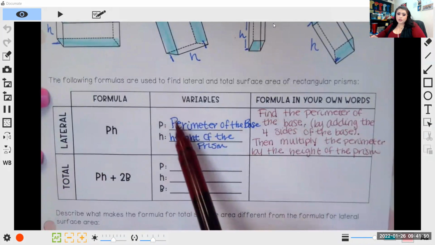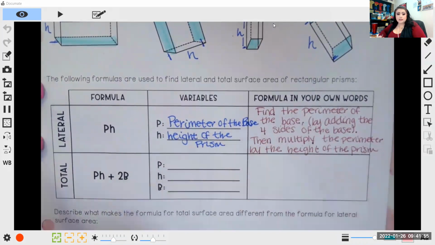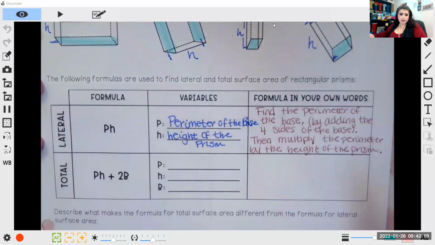What we're doing is we find the perimeter of the base, which is by adding the four sides of the base. So remember, you add all four sides. And then we're going to multiply the perimeter by the height of the prism. This is just in words of the actual formula that we have. Again, this is for lateral.